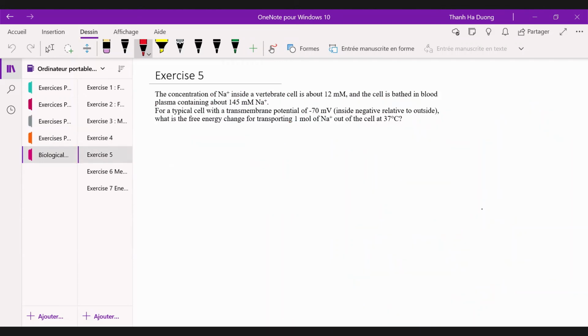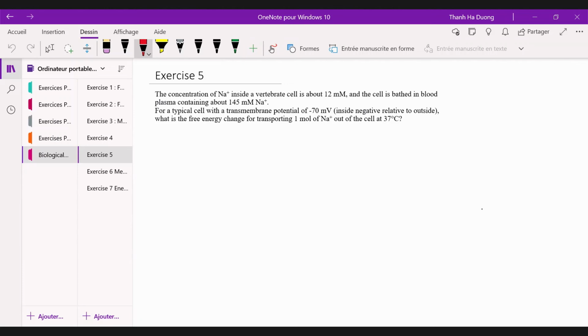So now you have to use your calculator. So we have a concentration inside of sodium, and we want to calculate the free energy of transporting 1 mole of sodium out of the cell.